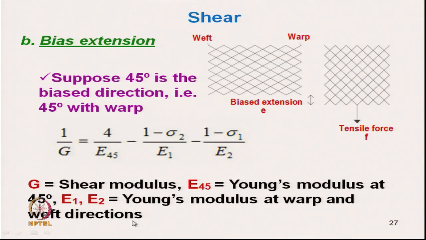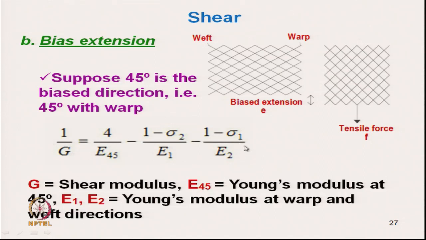Sigma 1 and sigma 2 are the Poisson's ratio in the warp and weft direction. So, the relationship is between the shear modulus and the biased angle Young's modulus E 45, E 1 and E 2.